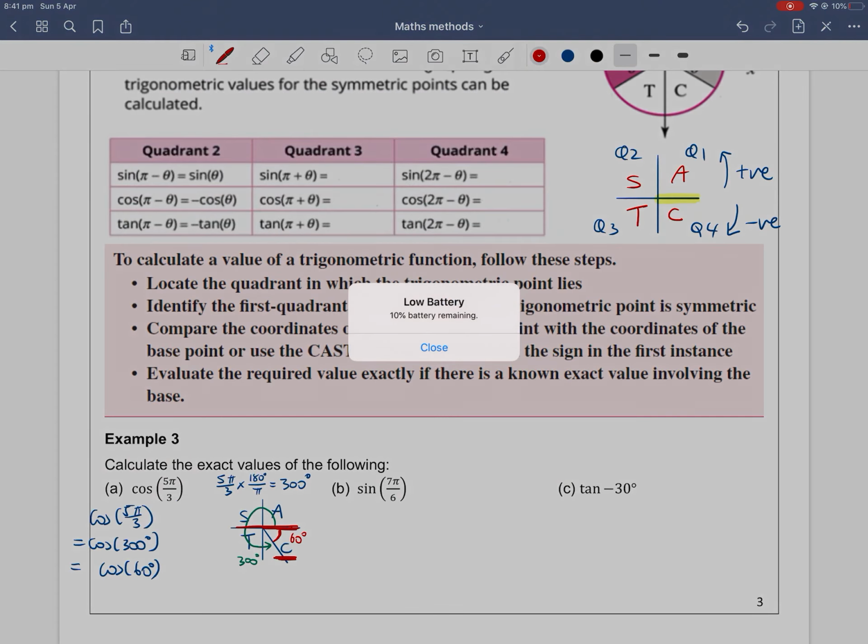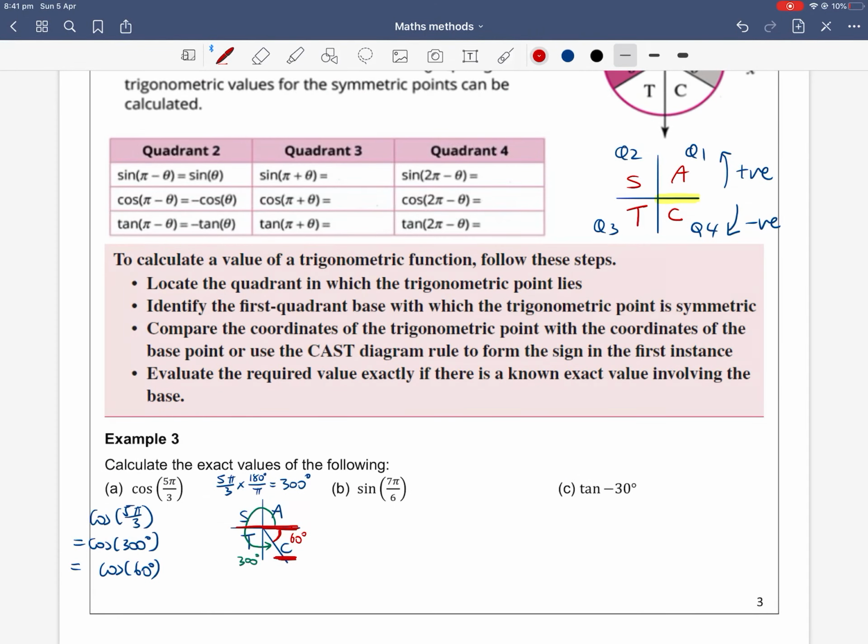Because we're in the C quadrant, we have positive cos of 60 because cosine's positive over there. So cos of 60 degrees using exact values is 1 over 2. So it's just positive 1/2.